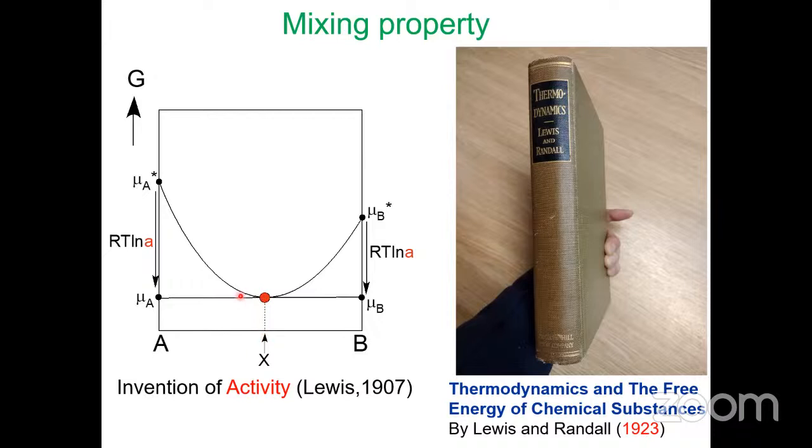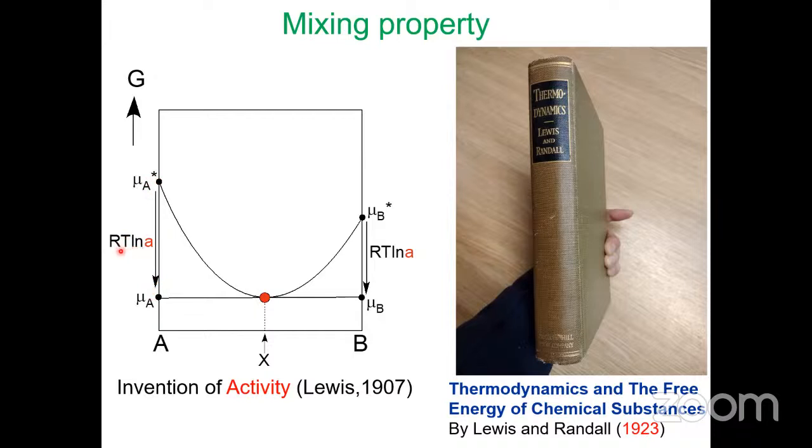In order to calculate this free energy curve, for example this red point at composition X, someone invented a very smart, remarkable idea, that is activity. This point can be calculated by linearly averaging this chemical potential and this chemical potential. This is the chemical potential of component A in the solution here, and this is the pure phase plus RT ln a.